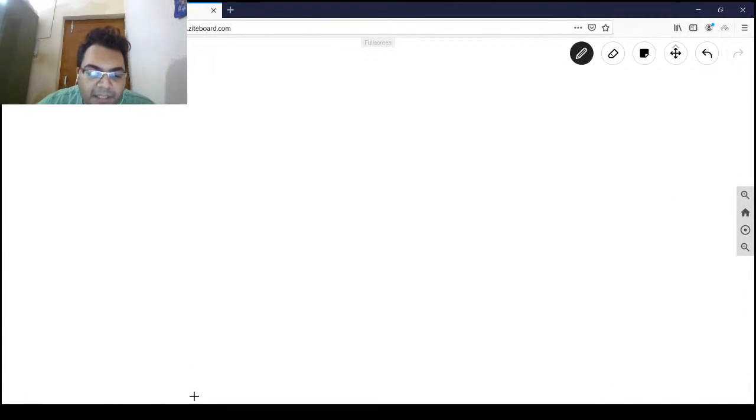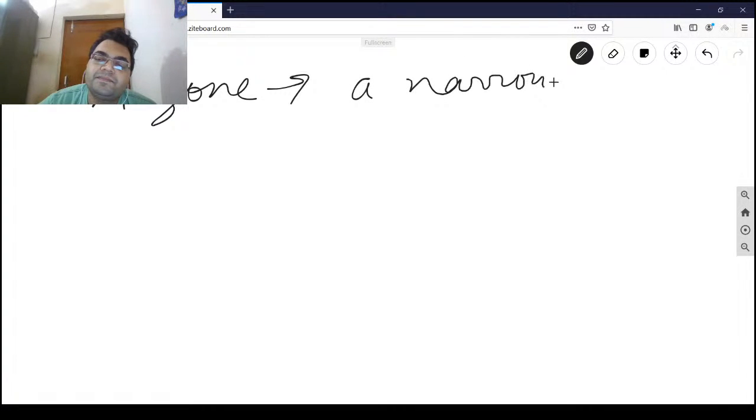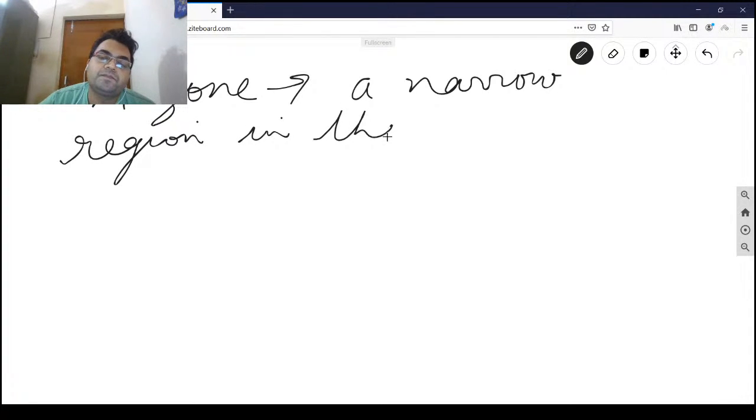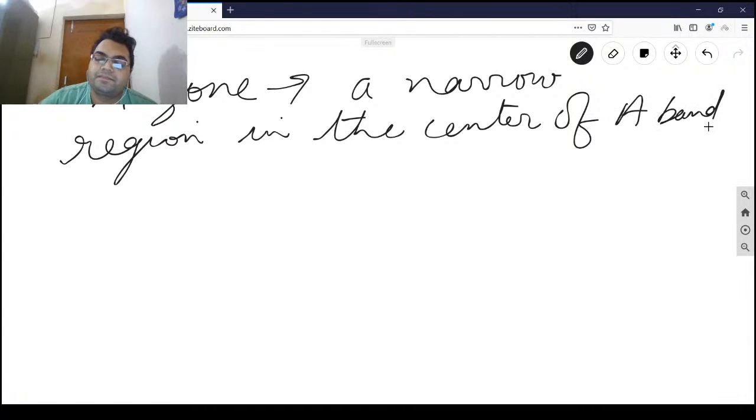Then next we come to the H zone. The H zone is a narrow region in the center of the A band that contains thick filaments but no thin filaments.